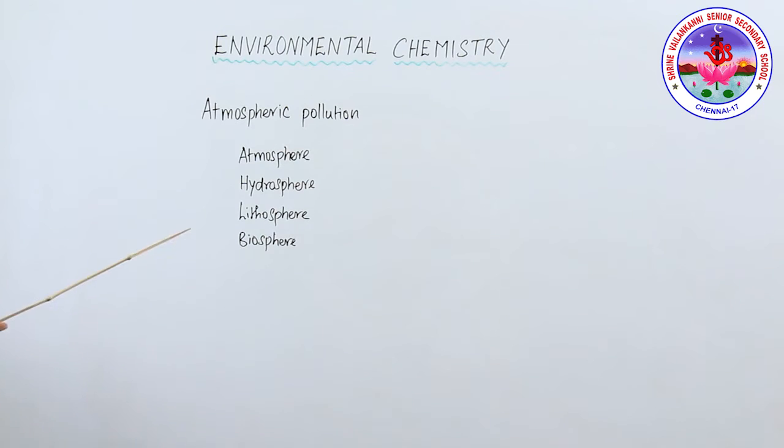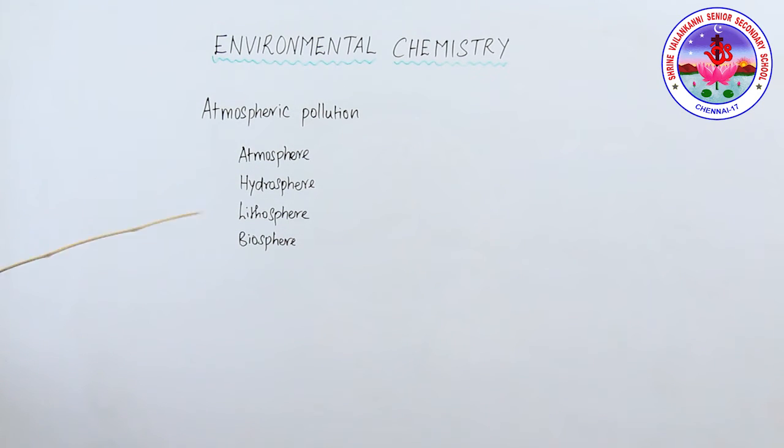The atmosphere is the cover of gases that extends to a height of about 1600 km above the surface of the earth and protects life on earth from harmful radiation, called cosmic rays, coming from the sun or outer space. So this is called the atmosphere.